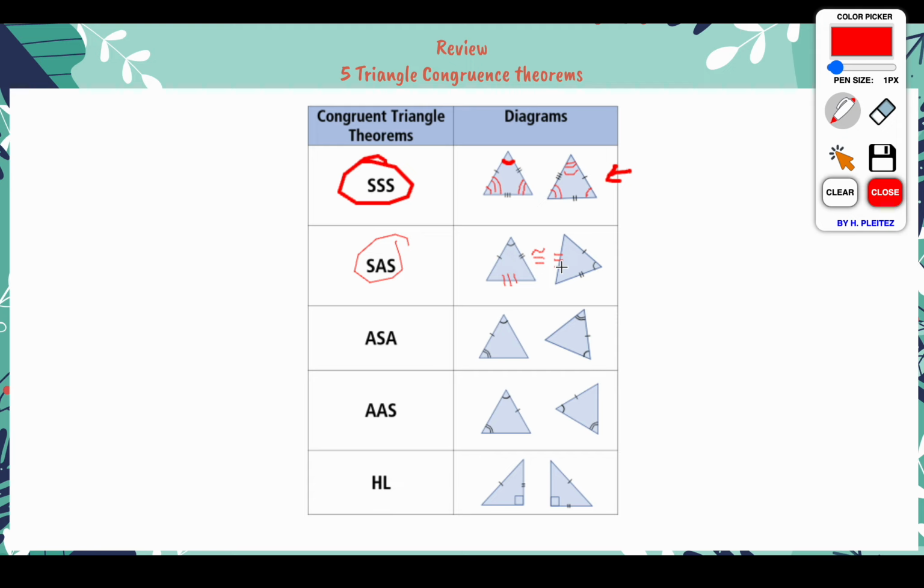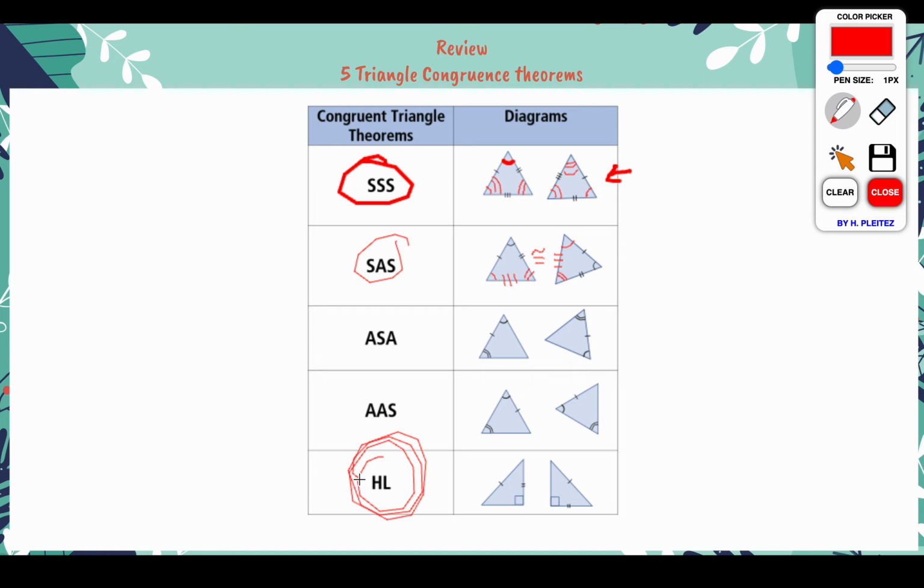So the angle in between the 3 and the 2 tick marks would be congruent, and then the angle in between the 1 and the 3 tick marks would be congruent. So we can do the same with the other triangle congruence theorems as well, just to show you how CPCTC works. But just know that once you know triangles are congruent, you're able to use CPCTC as a reason in your proof to justify any corresponding part being congruent to one another.